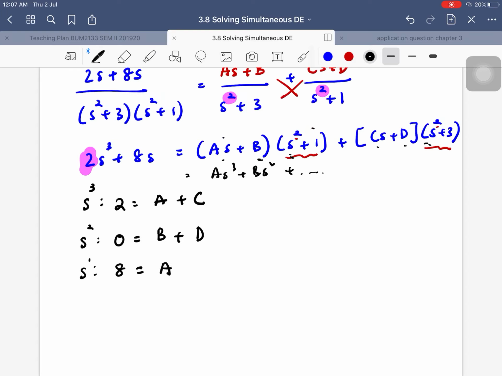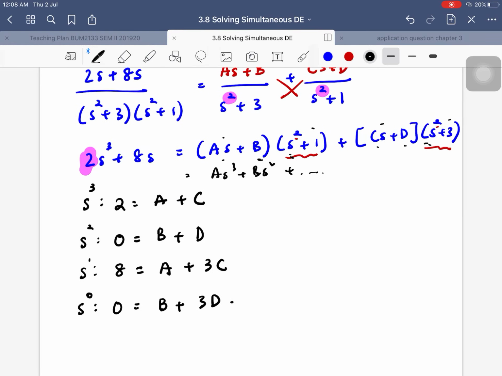So my coefficient is going to be a, and here I'll end up with 3c, because cs multiplied by 3 is going to equal 3c. And for the constant, s to the power of 0, I'll have a 0 on this side, and then I'll have b plus 3d. So that will be the outcome.